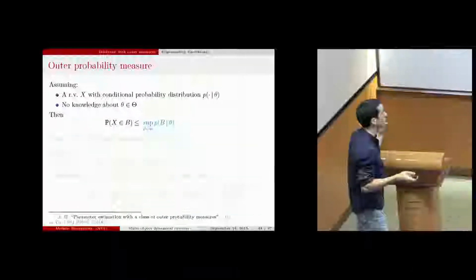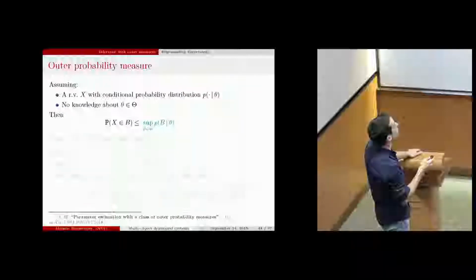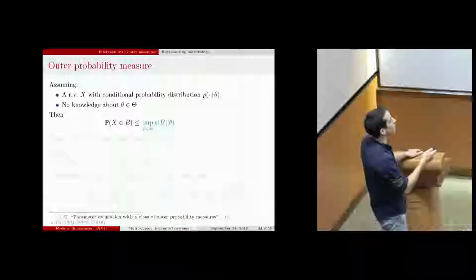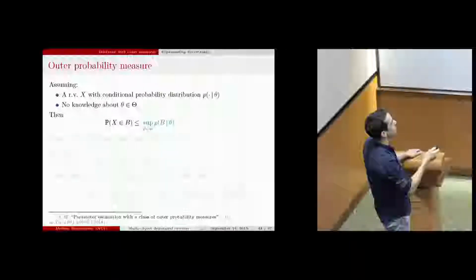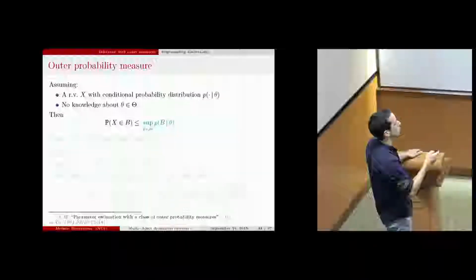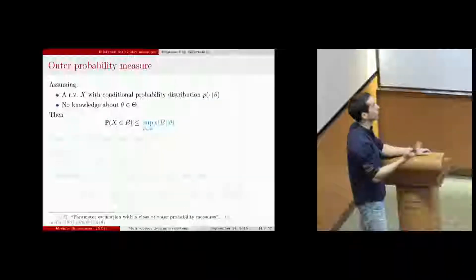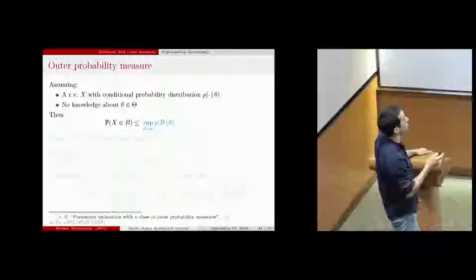An outer probability measure is subadditive. For any subsets, the mass it gives to B union B prime is at most the maximum of the mass it gives to B and the mass it gives to B prime.